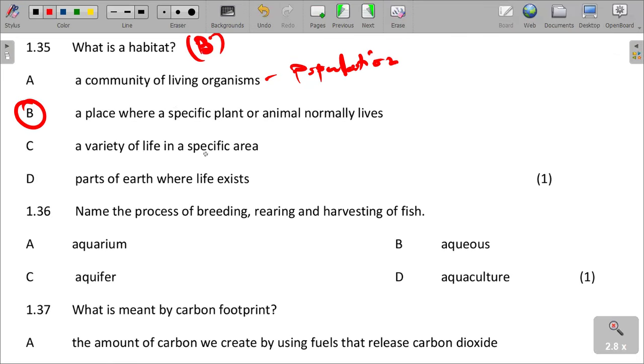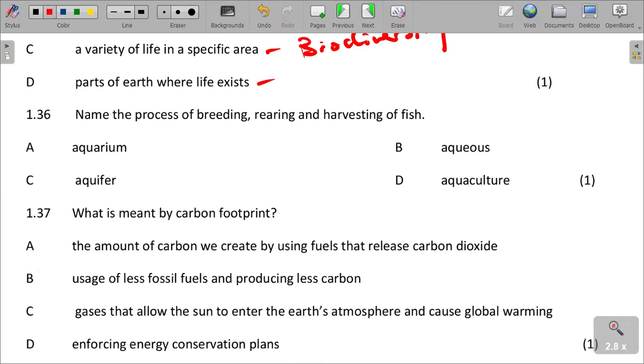A variety of life in a specific area, we call that biodiversity. Parts of earth where life exists, otherwise to say, is just a population anyway. But the answer is B.